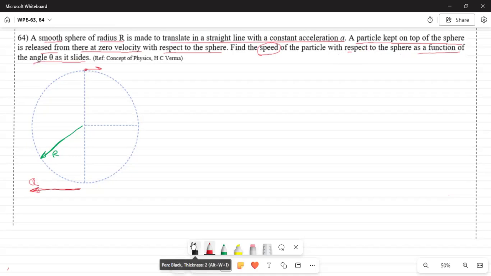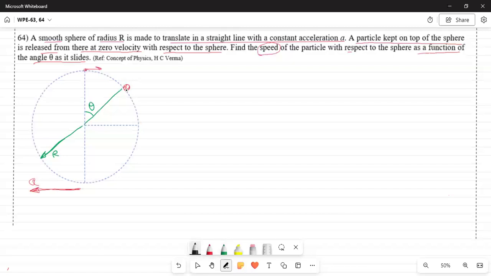So let us draw the free body diagram. Let us say this is where the body lies at this moment, and this angle is theta. Now, you have to imagine the forces acting on this body. What are the forces acting on this body?